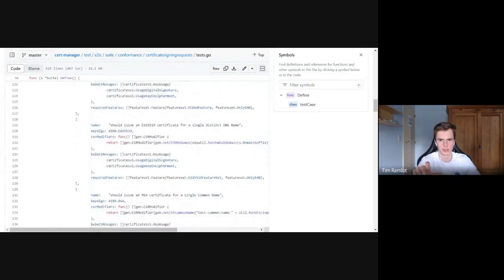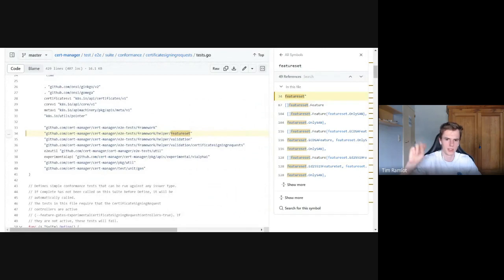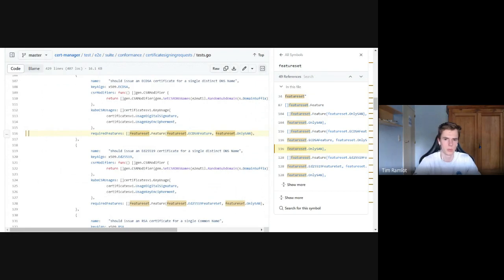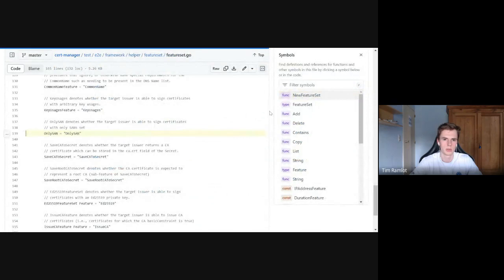For example, in this feature set there are only some features like ED 200, that's the elliptic curve feature set. There are a lot of features, and if you specify, okay, I support these features, you can test that you actually do support them. It isn't more than that. That's just what these conformance tests do.